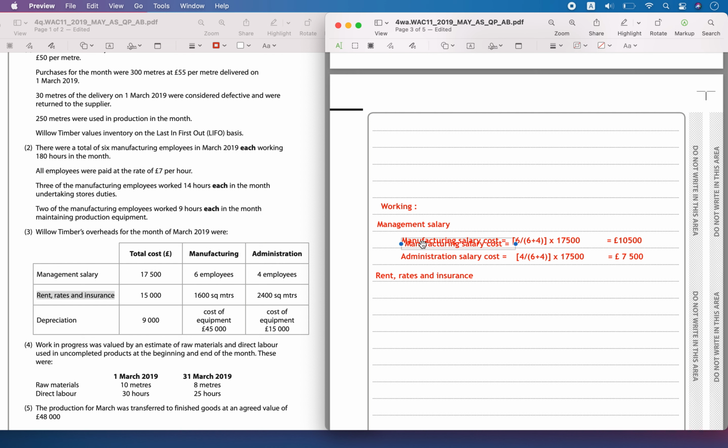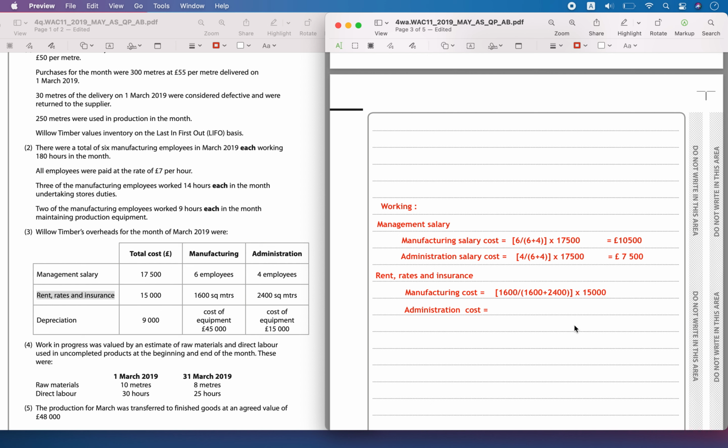The cost is shared between the two departments in the ratio of 1,600 out of 1,600 plus 2,400 meters.